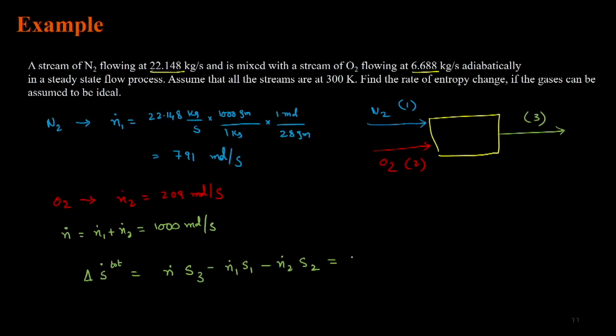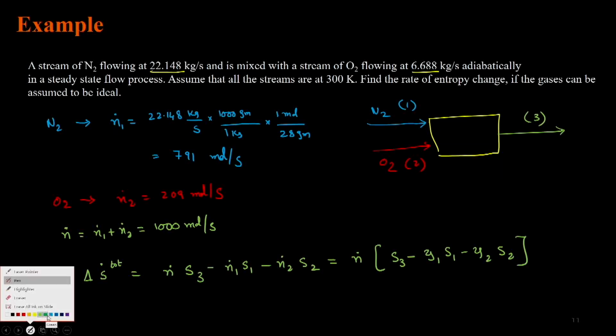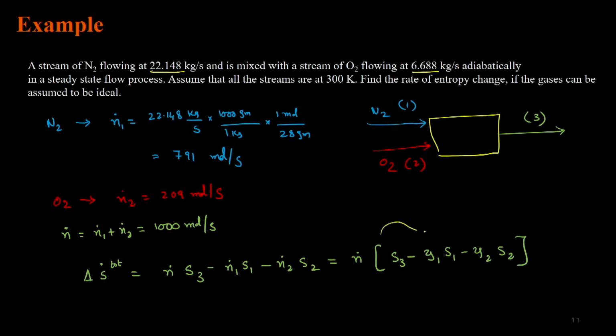So this will be essentially N dot times S3, the molar entropy of stream 3, minus y1 S1 minus y2 S2. And if you look at this, we can easily recognize that the quantity inside the parentheses here is the entropy change upon mixing, delta S mixing.